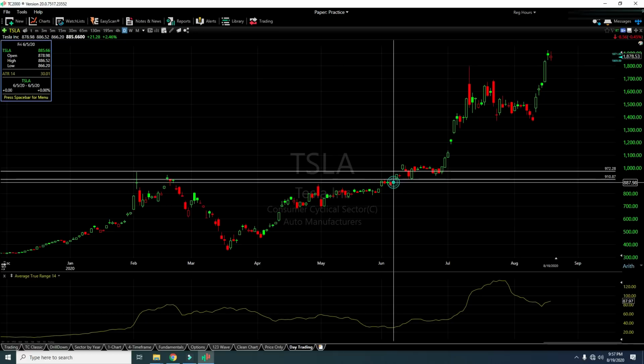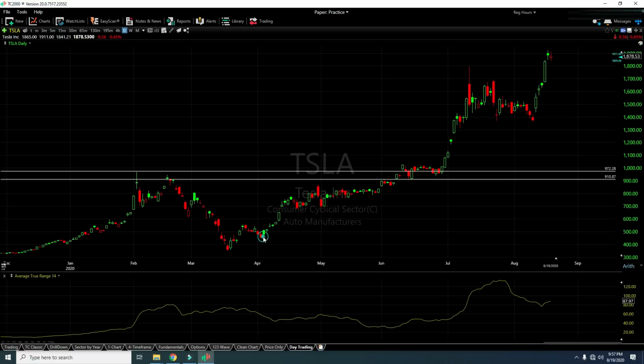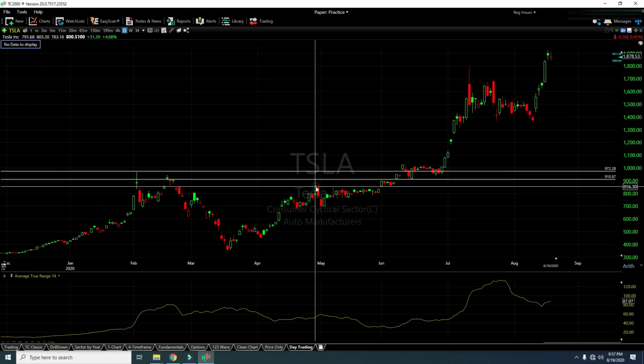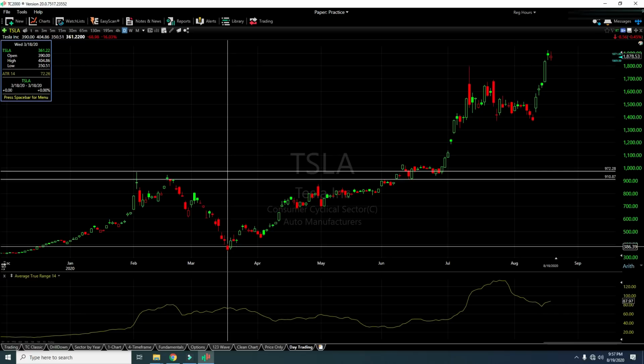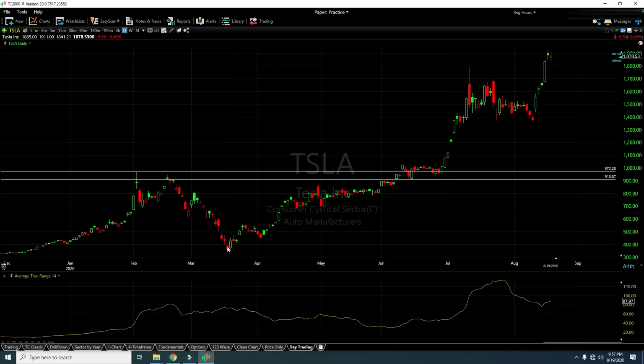Price is right here. What's the direction of the stock? Higher highs, higher lows, higher highs, higher lows. It's a clear uptrend established since March 18th, 2020. So the trend is defined.